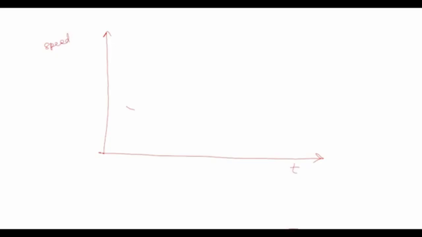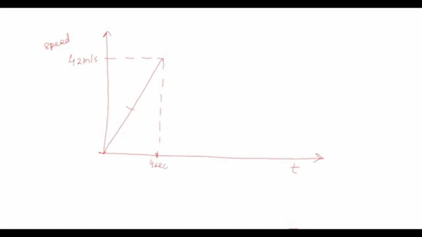So the ball is going to attain a maximum speed of approximately around 42 meter per second. And this is going to take place roughly around 4 seconds. So I'm putting over here roughly 4 seconds.